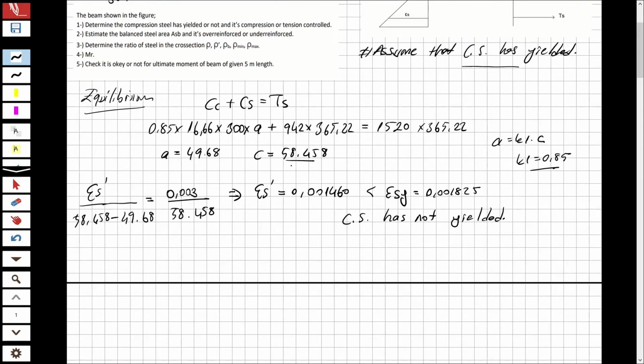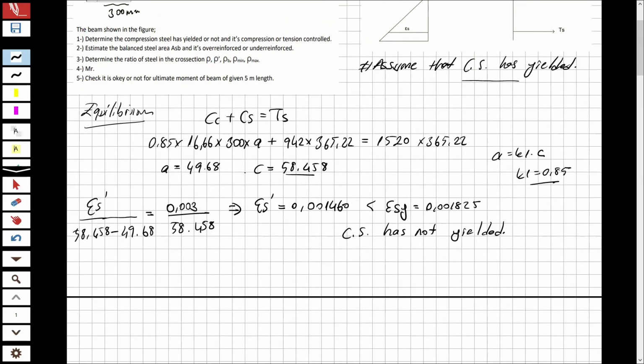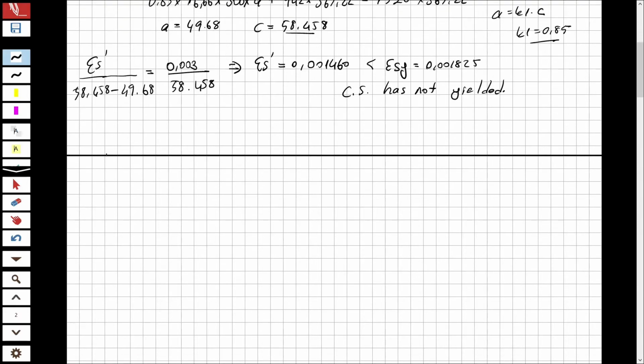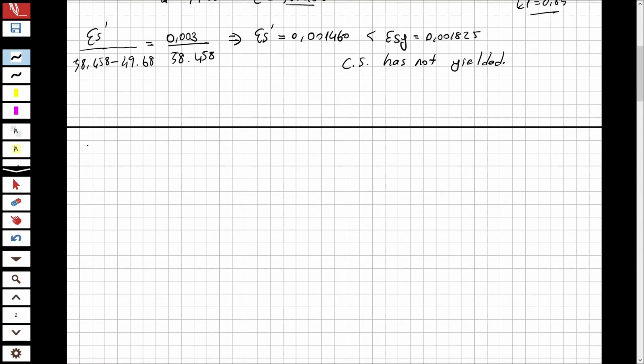So we're going to find a new neutral axis. So let's write here the new C value.